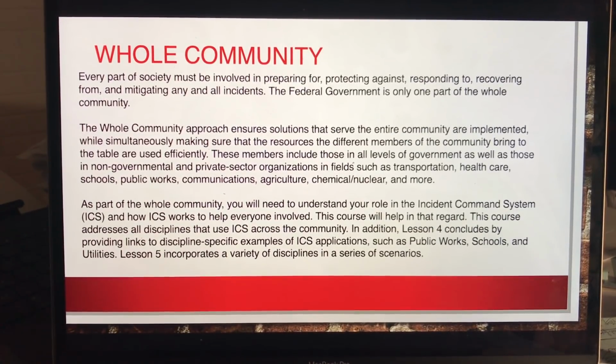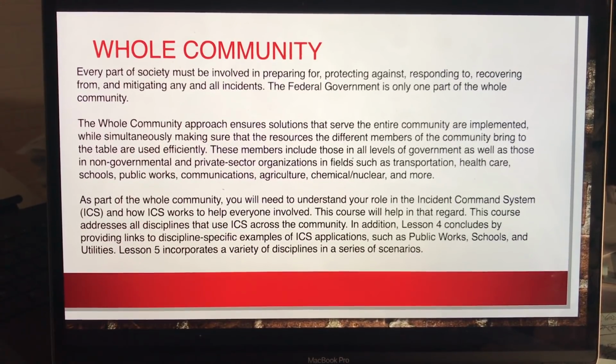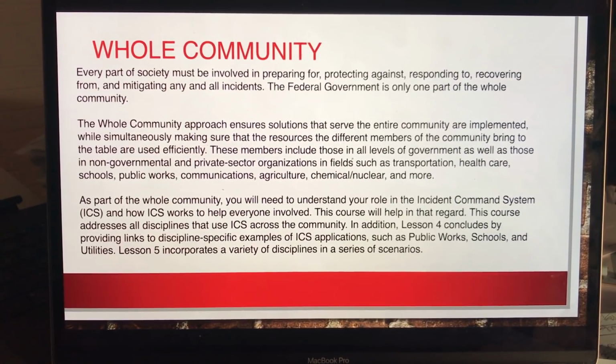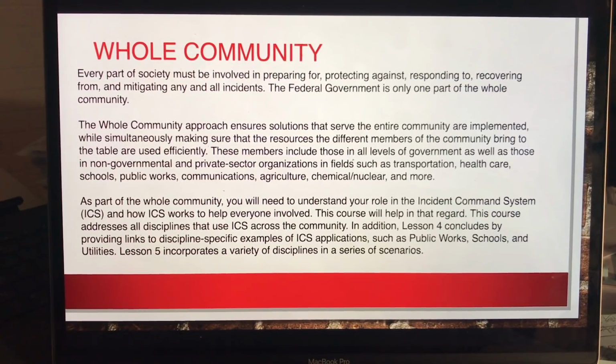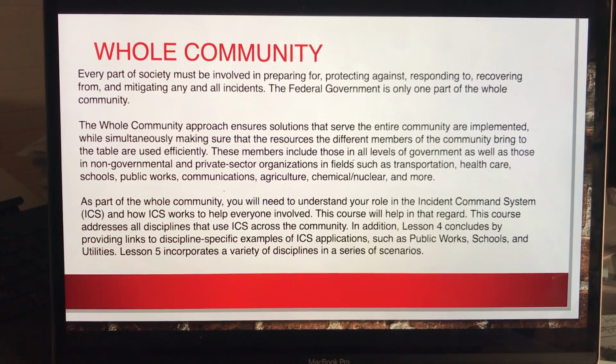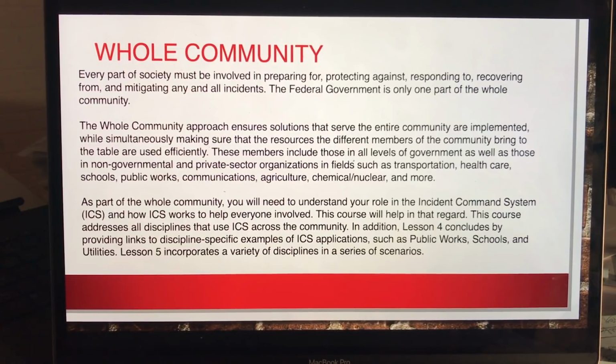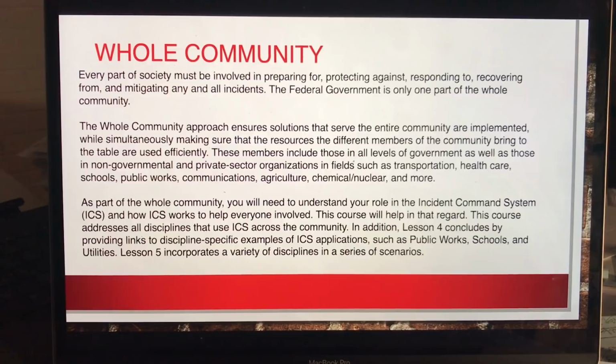These members include those in all levels of government, as well as those in non-governmental and private sector organizations in fields such as transportation, healthcare, schools, public works, communications, agriculture, chemical, nuclear, and more.